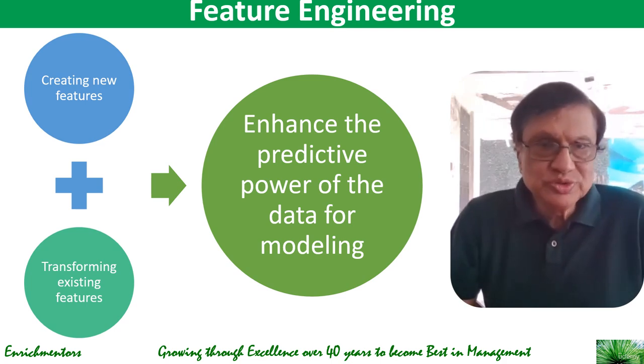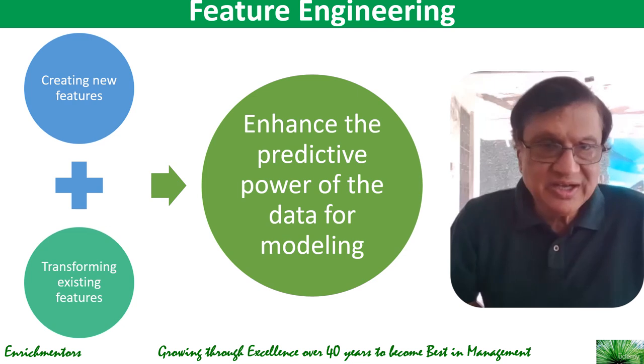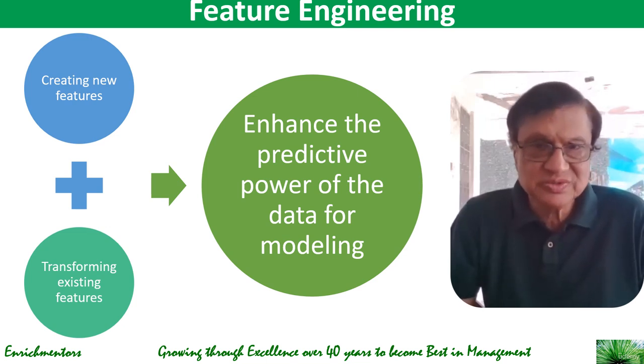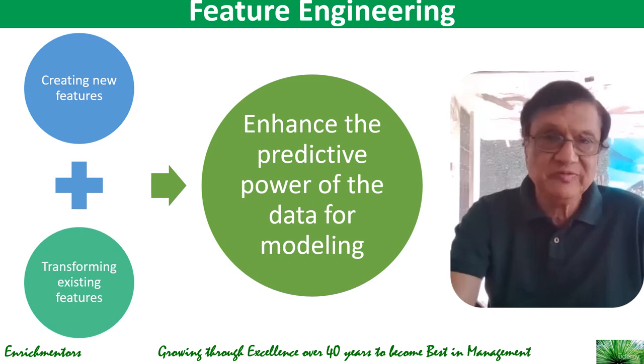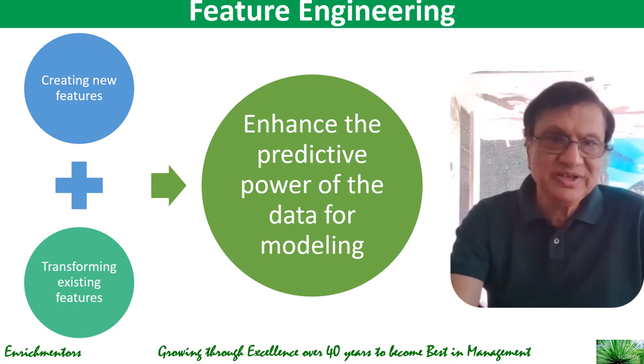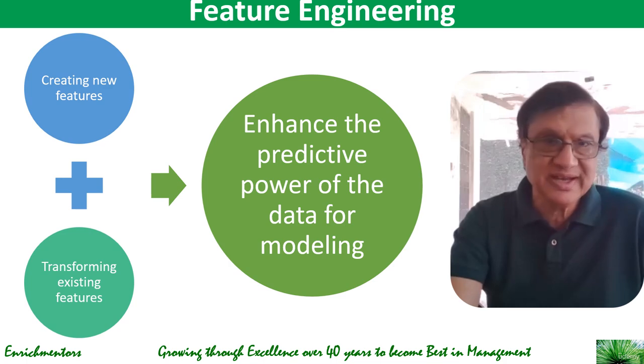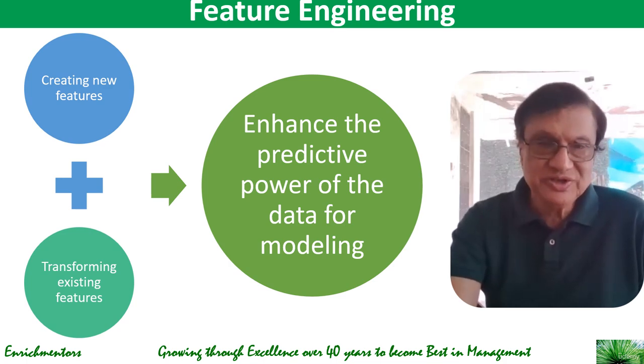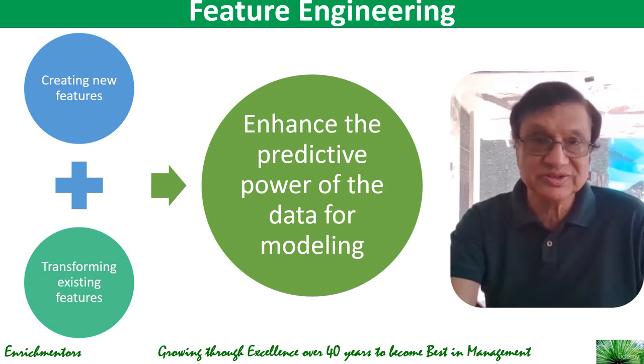So by creating new features and transforming existing features, we can enhance the predictive power of modeling of data. That is what feature engineering is. Let's look at feature extraction later in another lecture. But in this, let's talk about encoding, scaling, and normalization.